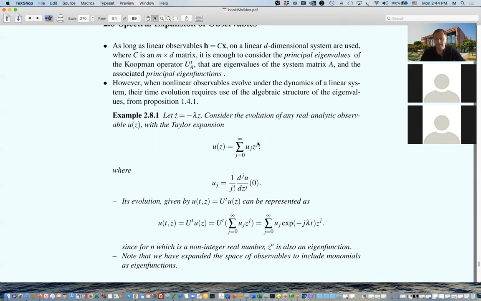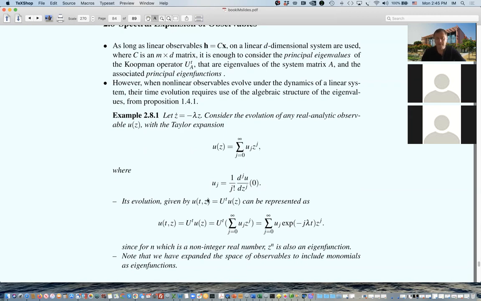If you remember, we proved earlier that z to the power j are eigenfunctions of the Koopman operator associated with this simple linear system. u_j is here because this is a Taylor expansion, 1 over j factorial times the jth derivative of u with respect to z. And just to avoid any confusion, this is really not d z to the power j, this is the jth derivative of u with respect to z evaluated at 0.